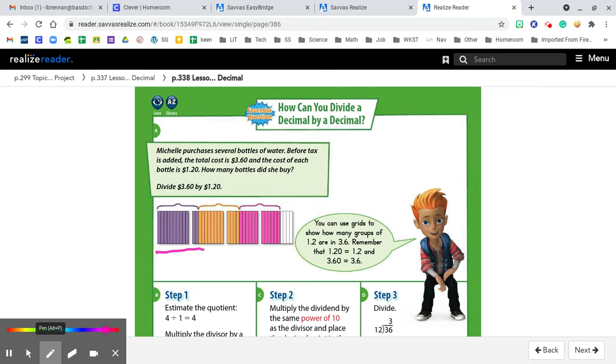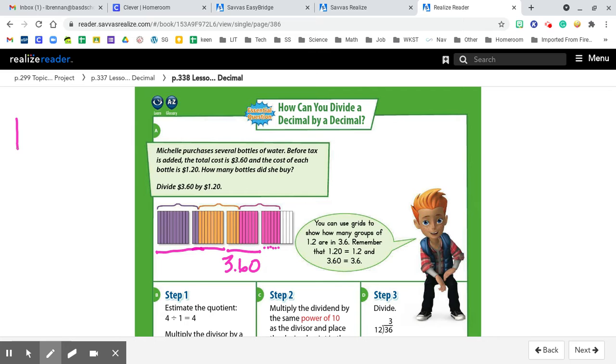They're doing some grouping here. So they have 360. So we've got 1, 2, 3, 10, 20, 30, 40, 50, 60. So we've got 360. And we want to figure out how many $1.20s we can get out of that.